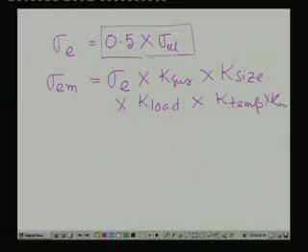Now, for the given condition, we assume the surface to be machined.